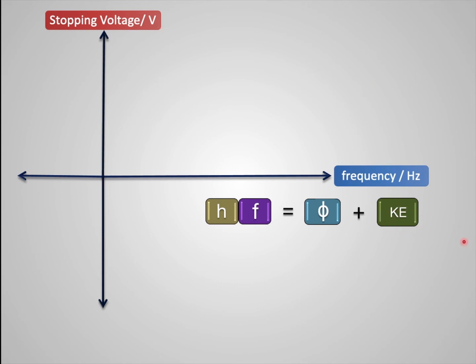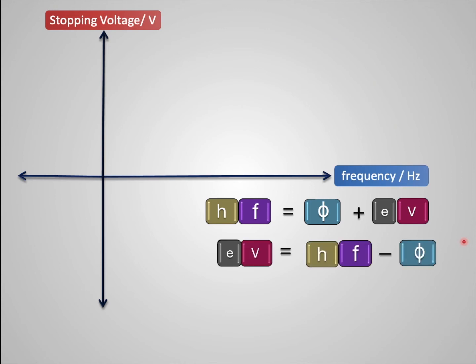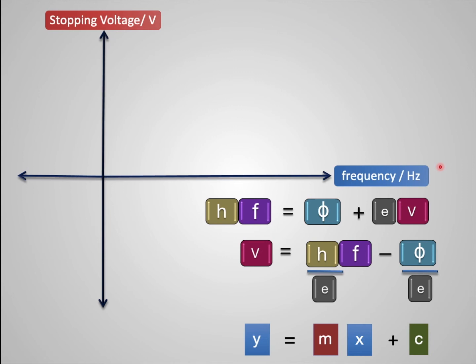The kinetic energy is actually charge times voltage. I am making charge times voltage the subject, but I am plotting only voltage on the y-axis. So I have to bring the electron charge onto the other side. I am bringing the electron charge to both terms, and equating to y equals mx plus c.